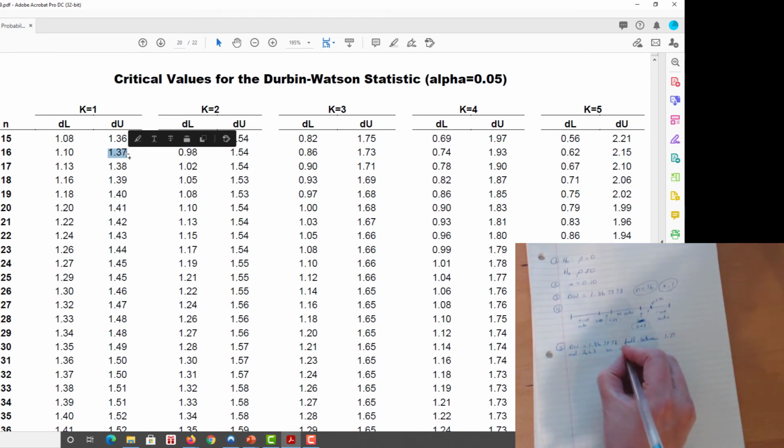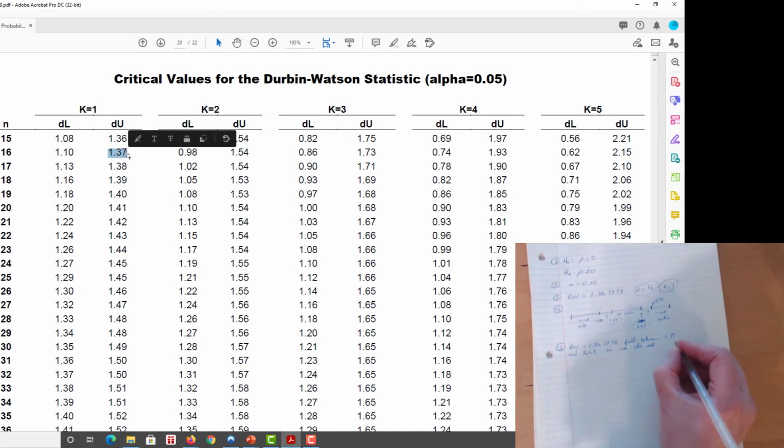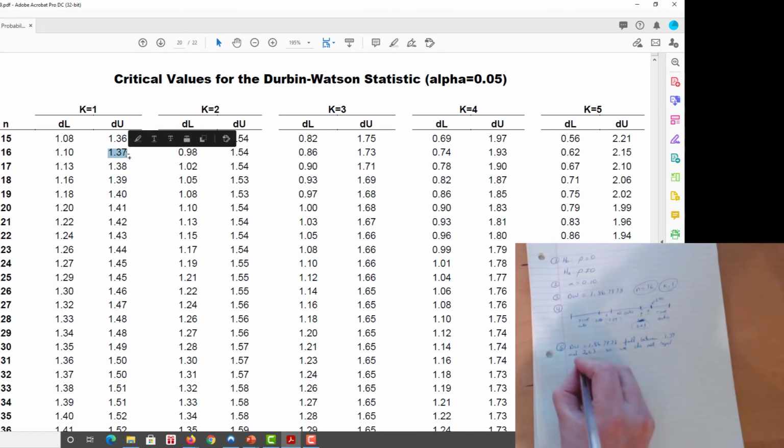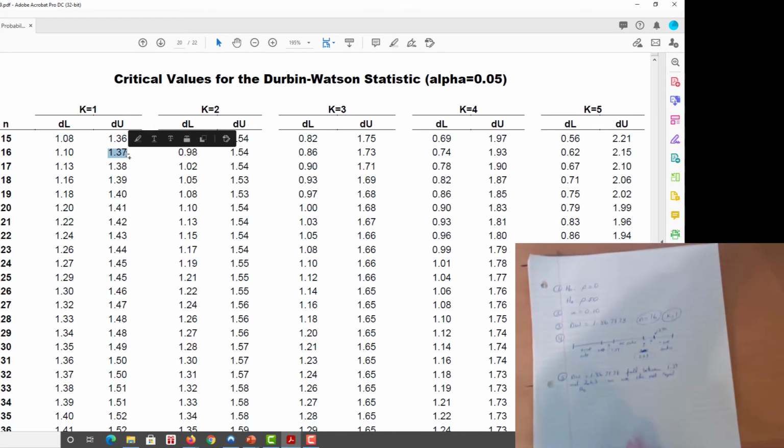So we do not reject H0 in that case, right? Because that indicates no autocorrelation. Do not reject H0, again, no autocorrelation. That's this one right up there.